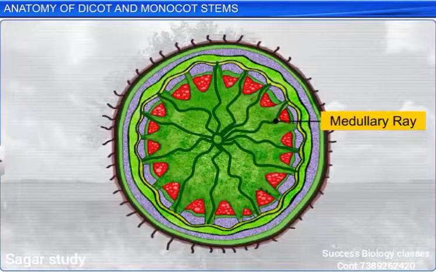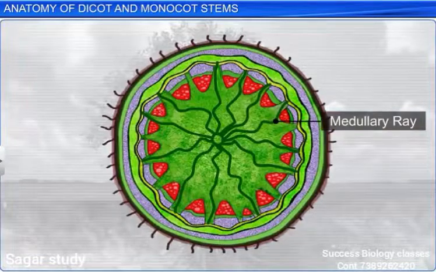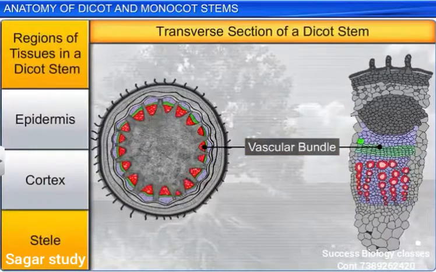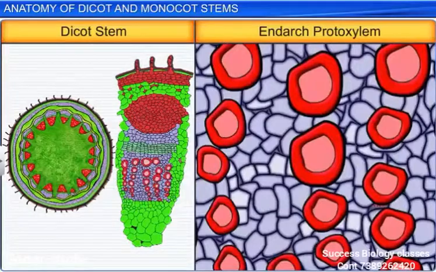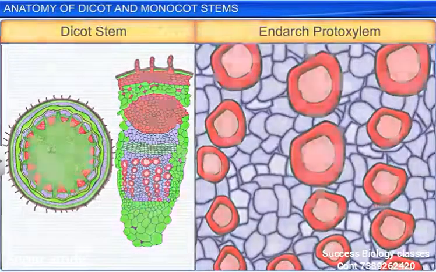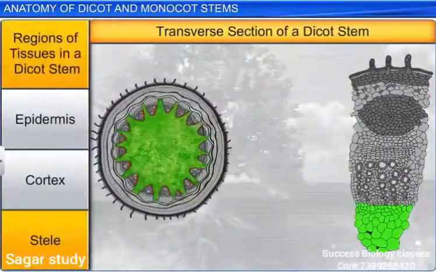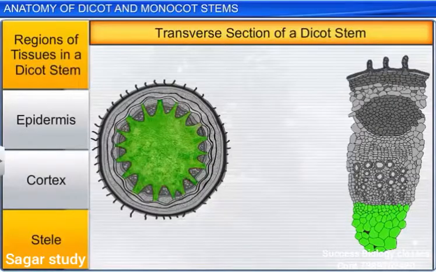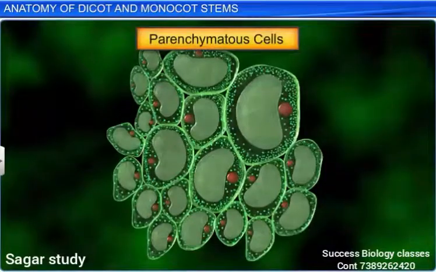Each vascular bundle in a dicot stem is conjoint, open, and consists of end-arc protoxylem. The central region of the stem is filled with pith. It is composed of a large number of rounded parenchymatous cells with many intercellular spaces.